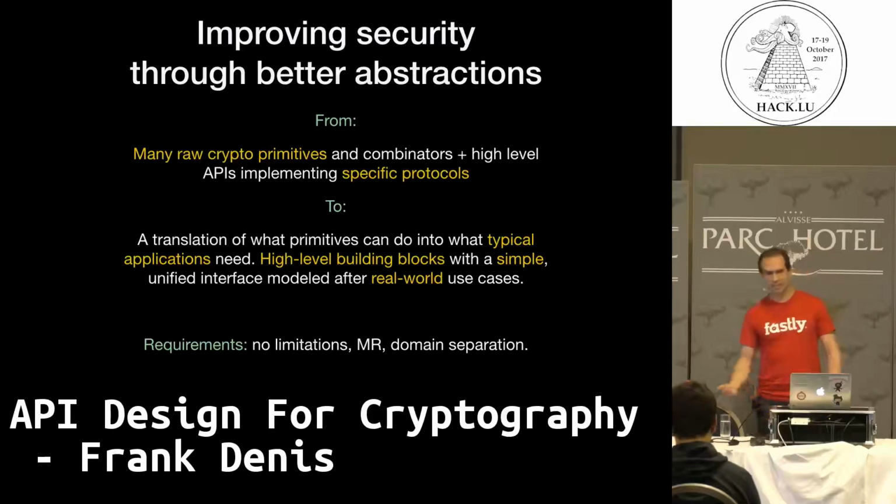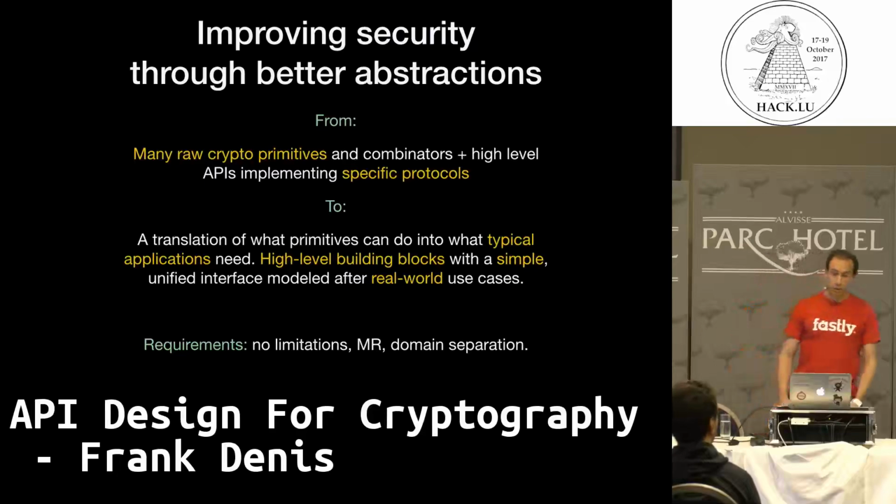Like, oh, there's like 50 different hash functions. It has to be good. But in practice, this is just very confusing to people. And it's actually way better to focus on higher level abstraction. It's better for security. It avoids people shooting themselves in the foot.